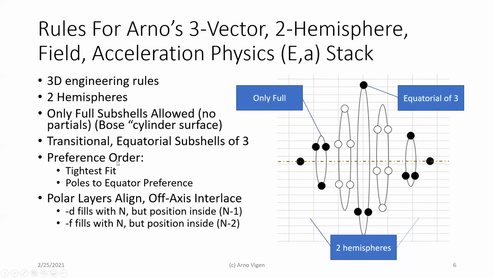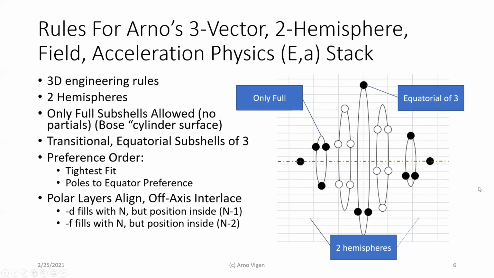Now, there is a preference for filling. First, you want the tightest fit. You only want full subshells. And then you want to do pole to equator. You much prefer by the weak force to be pulled in towards the pole. And of course, as I said, that D shell fills in order, but it's slightly closer in than these.